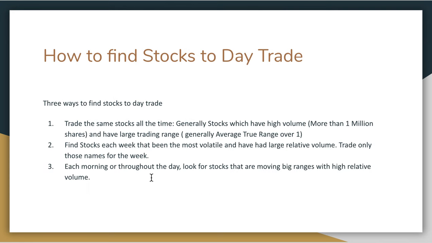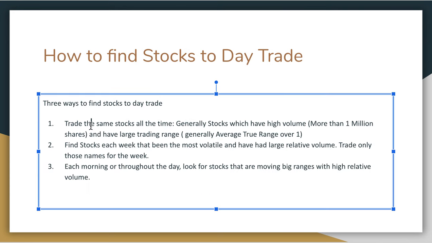In terms of how to find stocks to day trade, the number one approach is trading the same stocks all the time. You can pick a handful of stocks which you want to trade. If you're trading the same stocks every day, I would recommend stocks which have a lot of volume. Generally, the more the better. More than 1 million shares is good. You also want stocks which have a large trading range.